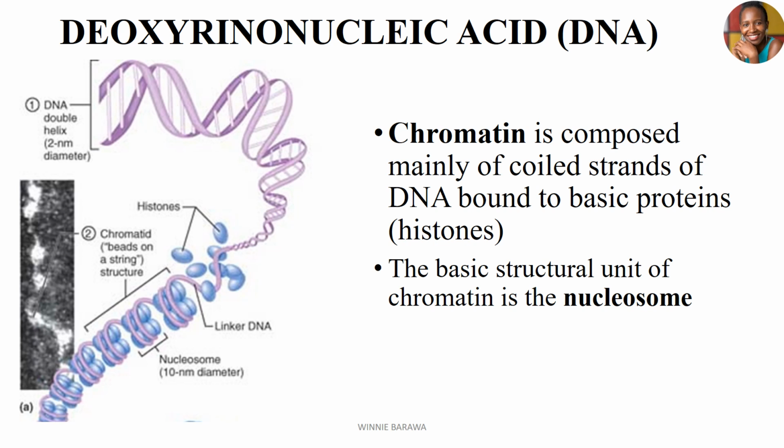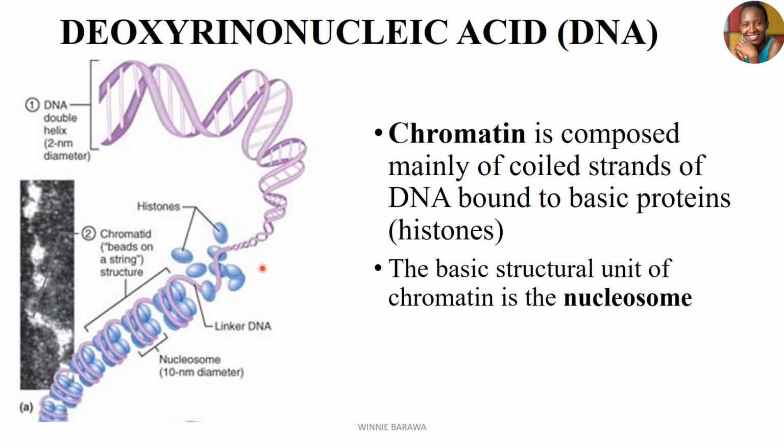But there's something unique: when this DNA is condensing, or when the DNA is coiling, it coils around special types of proteins that we call the histones. So the DNA does not just coil anyhow, no, it coils around proteins. And these proteins, we call them the histones.